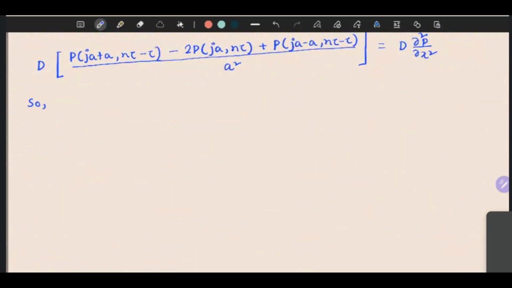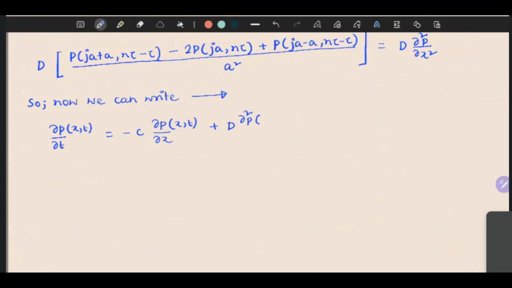So now I can write this equation as del p x t divided by del t is equal to minus c del p x t by del x plus d del 2p x t by del x2.